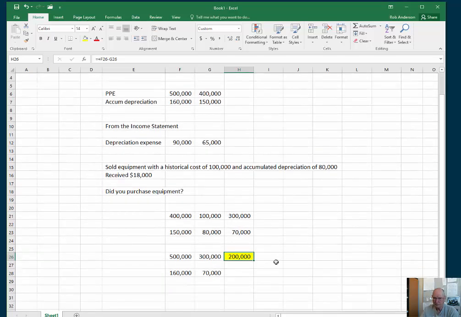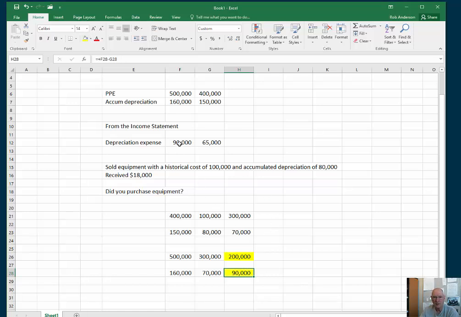Now, similarly, this 160 is the balance of accumulated depreciation that we did have. If we had not purchased equipment and depreciated it, then we would have had 70, right? This 70 here, which is after closing out the equipment accumulated depreciation. So that's $90,000 extra.